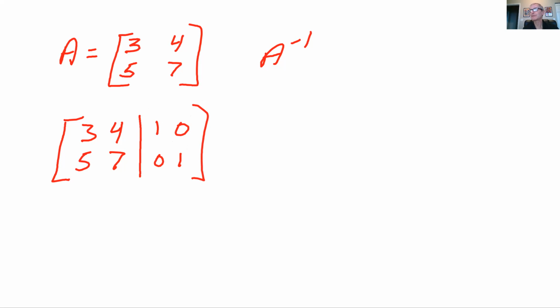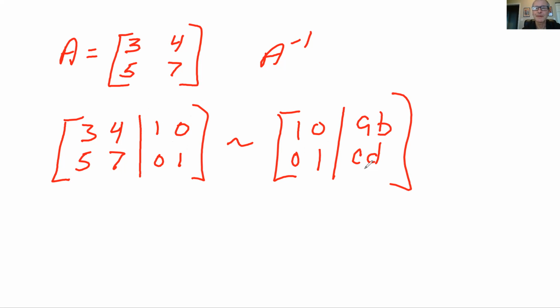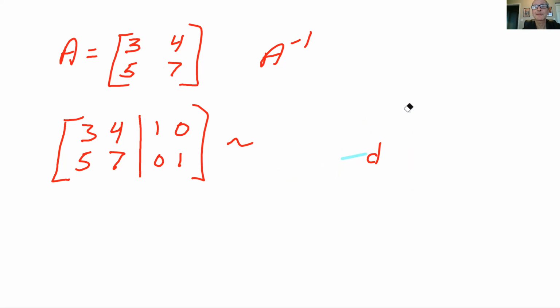So the strategy is eventually you want it to look like this: 1, 0, 0, 1, and you would have 4 numbers here. I call them a, b, c, and d. And then this matrix a, b, c, and d is going to be the inverse. And so how do we do that calculation? Well, it's exactly like we did it in the previous section, the kind of elimination technique.